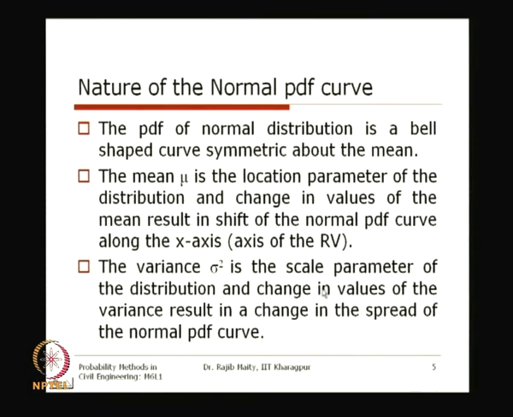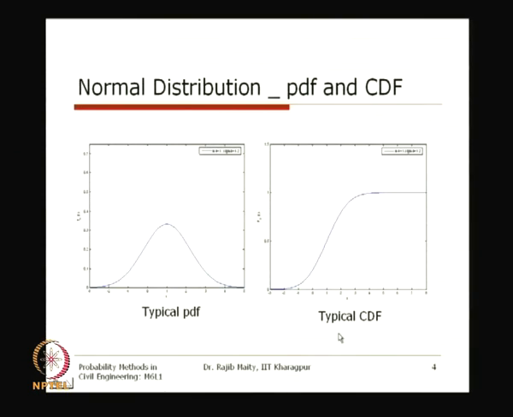If the variance is changed, it results in a change in the spread of the normal PDF curve. If the mean is the same, the maximum value of the PDF will be at the same location, but its spread will change. You have seen it earlier.